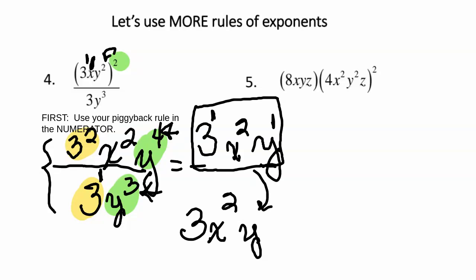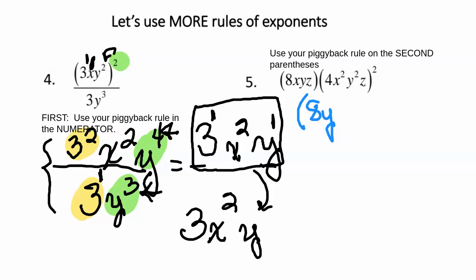Okay. Now, in the next one, use your piggyback rule on the second parentheses, not the first one. Okay, so that means I have 8yz. That's staying. This 2 is going to deal with everything inside this parentheses.